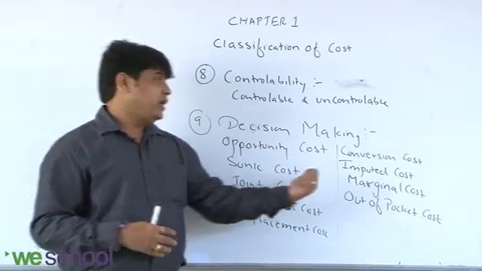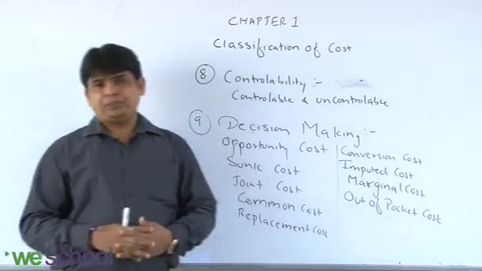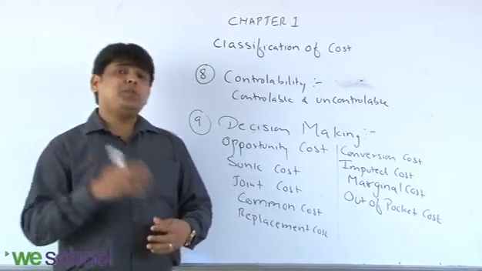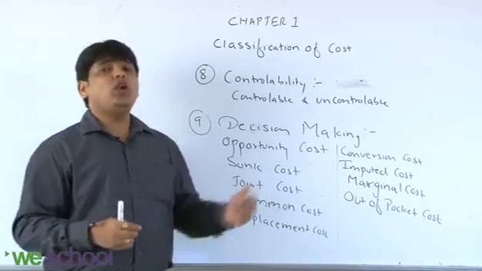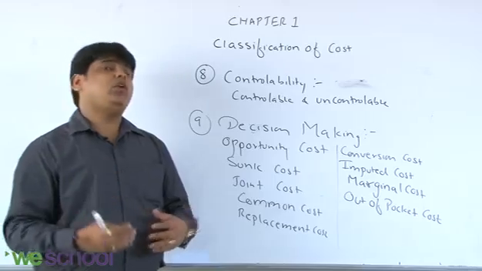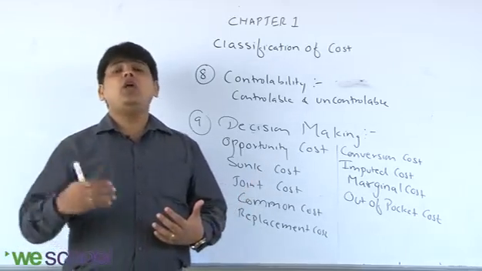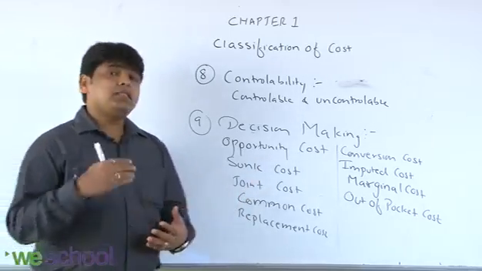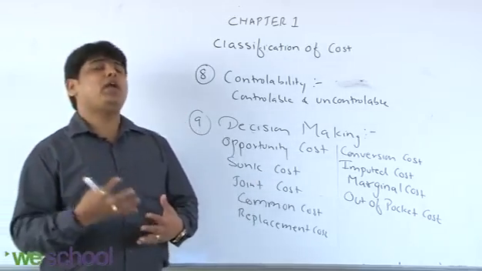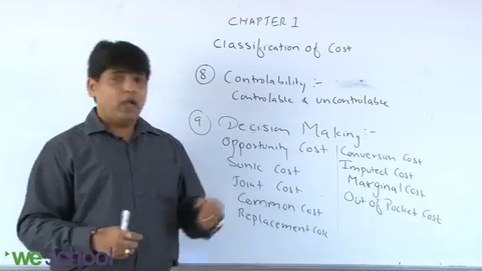Right? Fine. What is imputed cost? Imputed cost is that cost which is shown as per the accounting concept, but is not allowed by the income tax provisions. For example, salary paid to the owner, interest on capital paid to the owner or proprietor of the company, drawings by the proprietor.